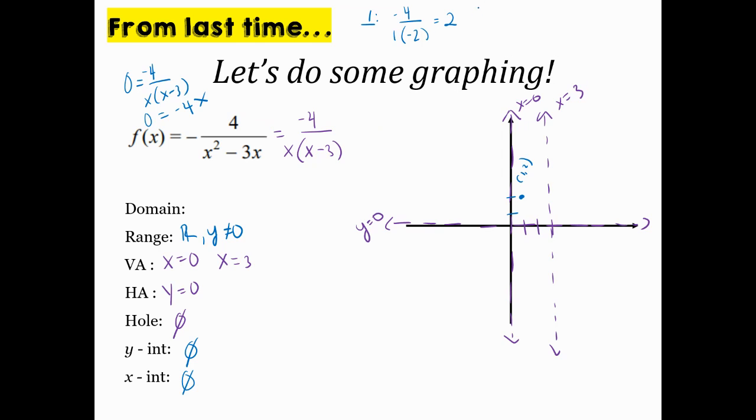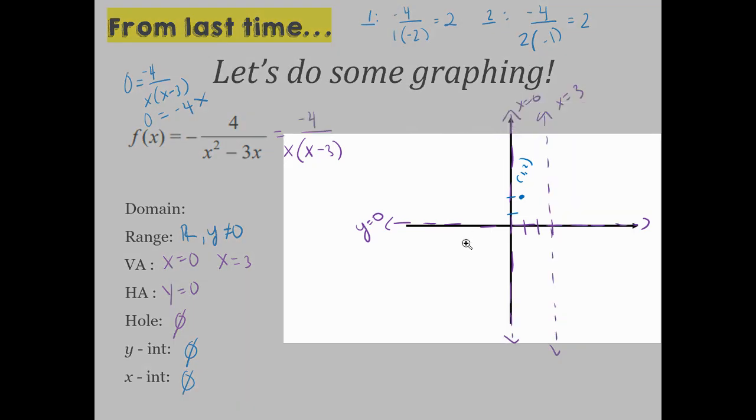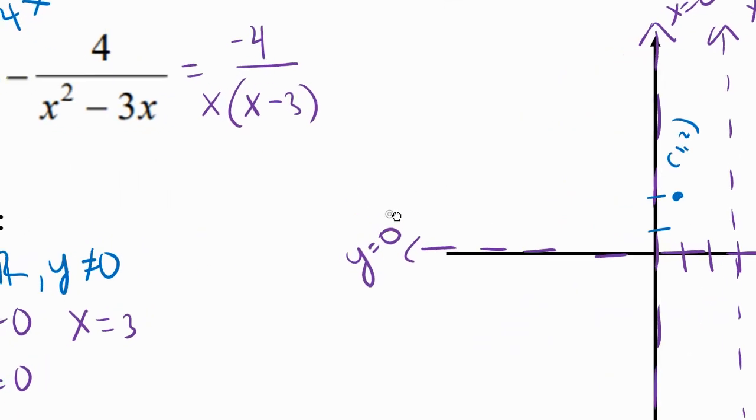If I plugged in 2, I know that it's not going to cross this, so I know that I'm going to have to be going up this way, but I can get myself a little more. If I plug in 2, I get negative 4 over 2 times 2 minus 3, which is negative 1. I get 2 again. Oh, goodness. What is going on there? Whoa.